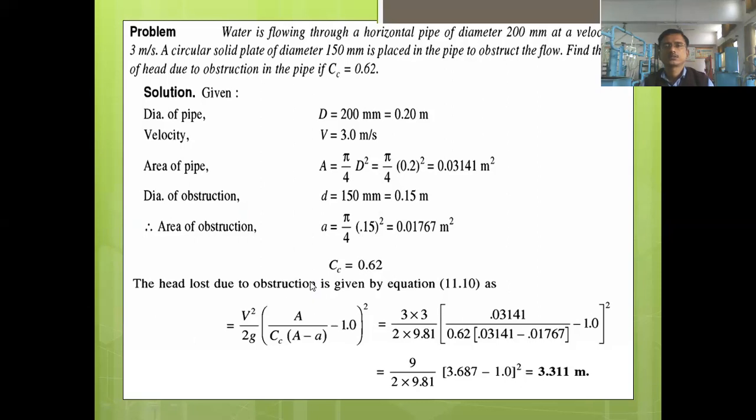To stop the flow, a circular solid plate of diameter 150 mm is placed in the pipe to obstruct the flow.